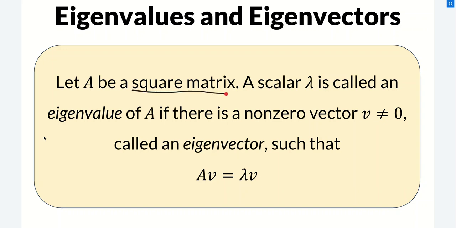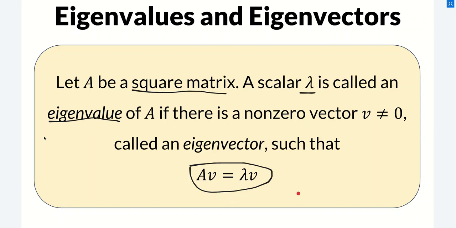That's the first thing. So let A be a square matrix, and you have a scalar. And this scalar is called the eigenvalue of A if there is a non-zero vector, we'll find out. Now, when you look at this equation, we have two solutions for this.